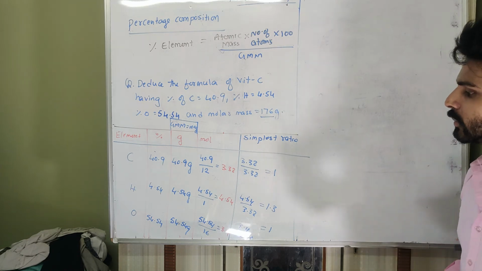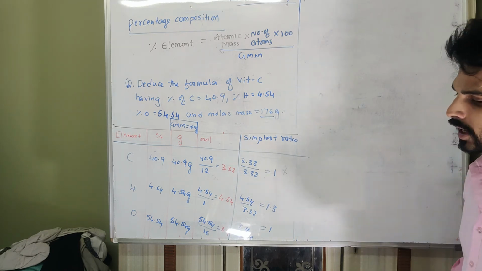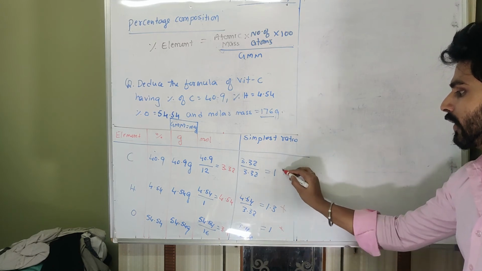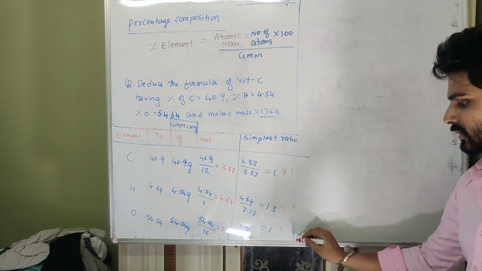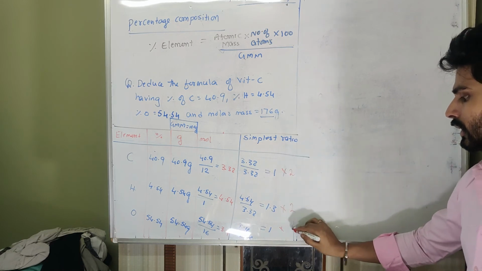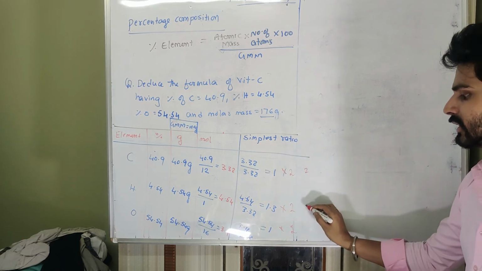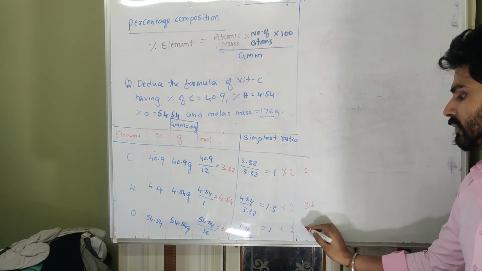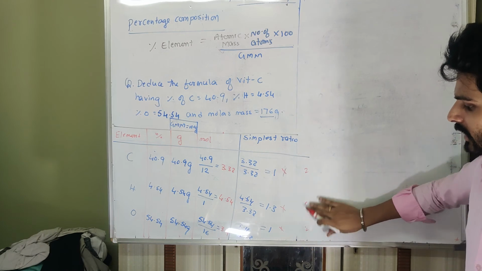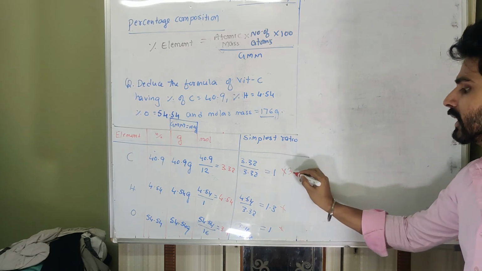So now we have to multiply with some number, and that will convert them into whole numbers. If I multiply with 1, no change. If I multiply with 2, now what happens? This will become 2, and this will become 2.6, and this will become 2. Again, this is not a whole number, so I cannot multiply with 2. I need to multiply with 3 now.